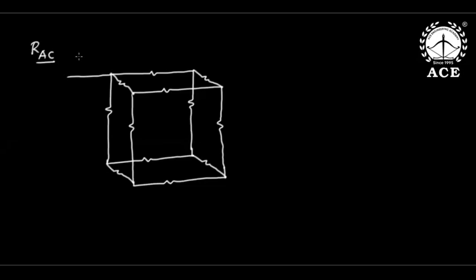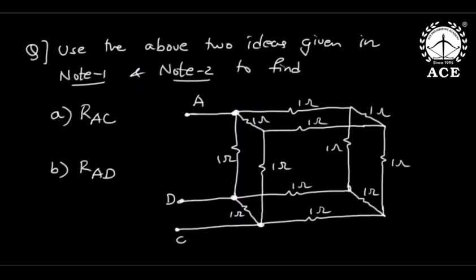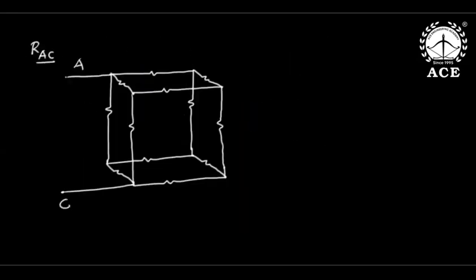Let us say this is A, and this is C. You see AC. Observe AC. These are the opposite diagonal corners of a surface.